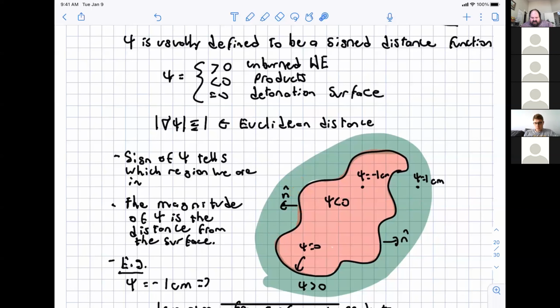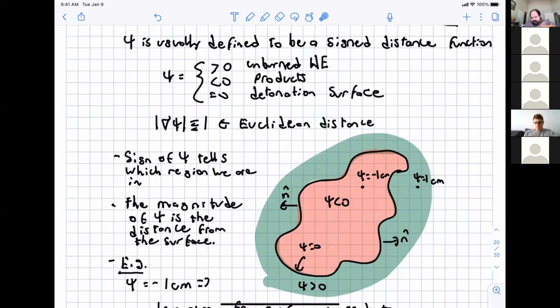Then that means if we define the normal vector as the gradient of psi over the magnitude of that gradient, it will naturally point into the reactants, which is what we want. Okay, but now there's one other property.